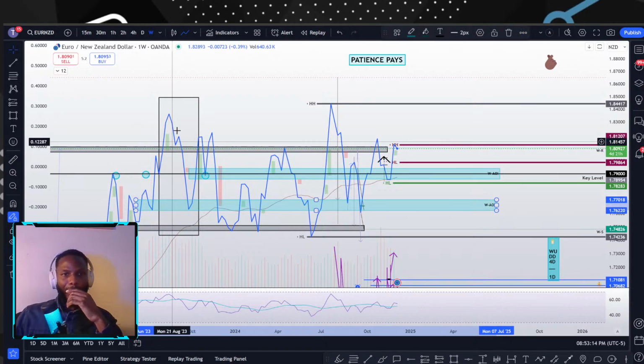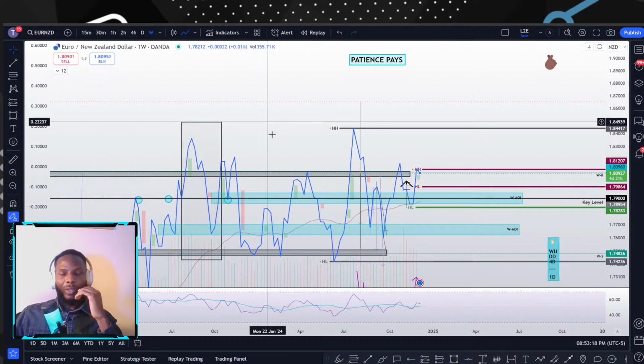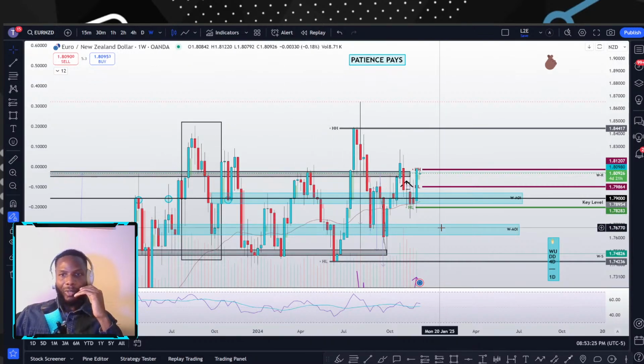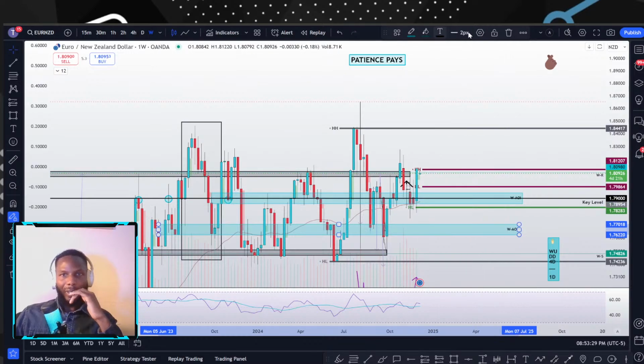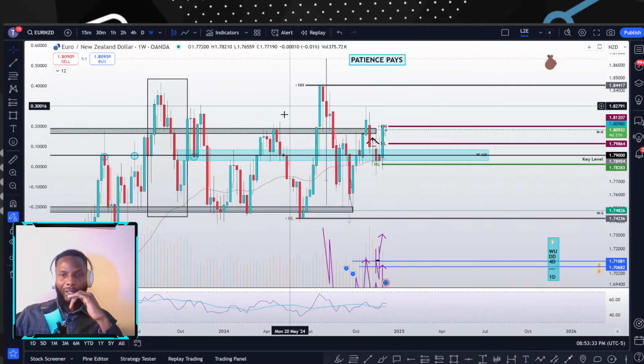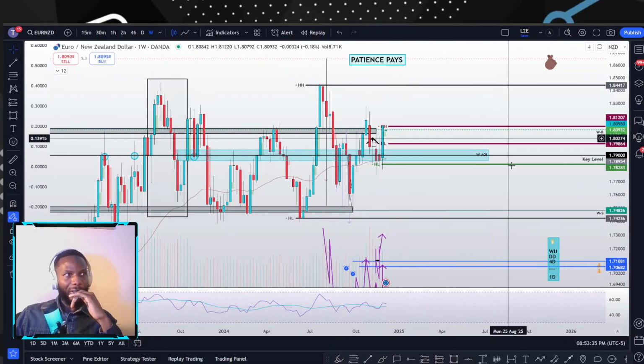Now, this is the thing about, even though I have these levels here, you really want to find these levels when the price is trending. Right now, this is not trending. This is consolidation. So I don't really actually need this level here, because I know that if it gets rejected right here, it's just going to keep bouncing in this area right here.